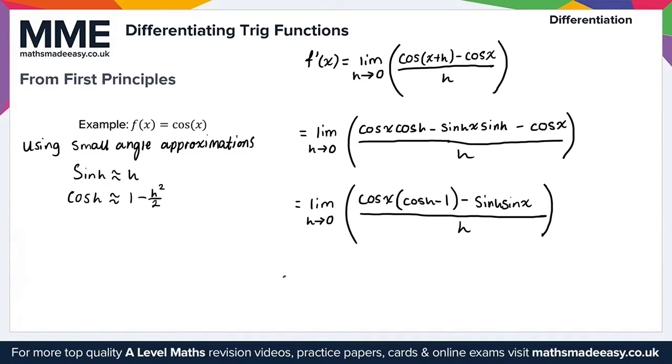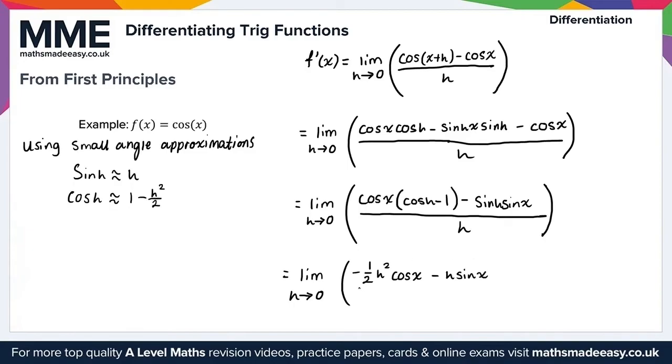So in this case, we obtain the limit as h tends to 0 of minus a half h squared cos x. That's dealt with this first part. And now this final part of minus sin h sin x. If sin h is approximately h, then that's going to be minus h sin x.